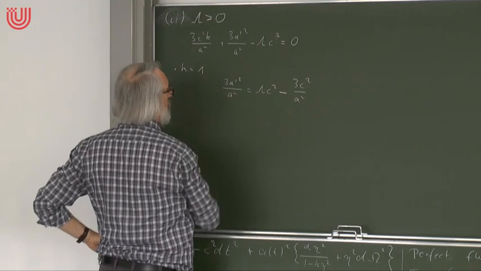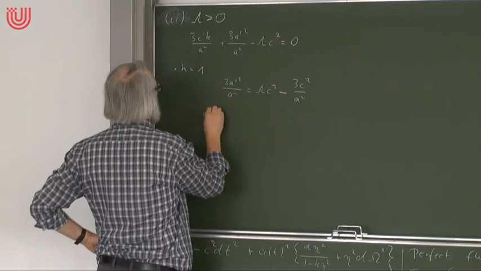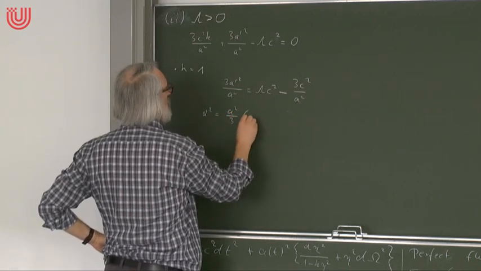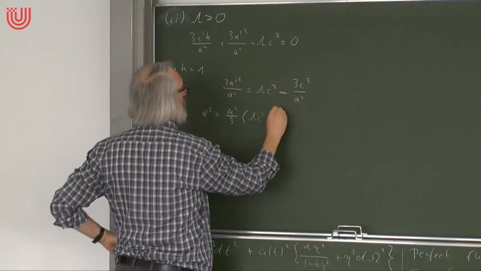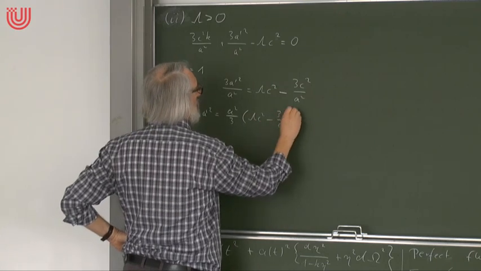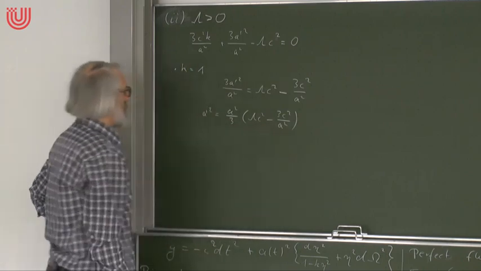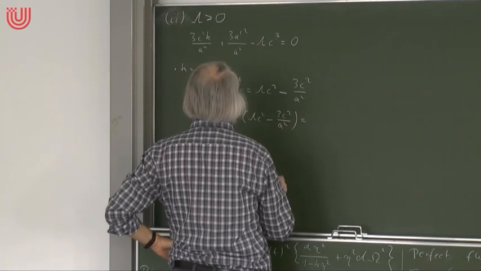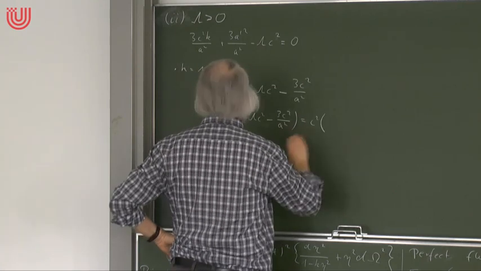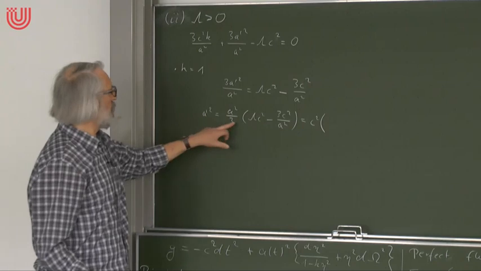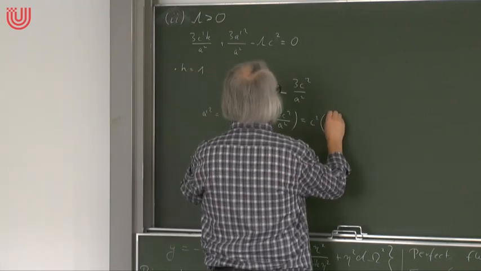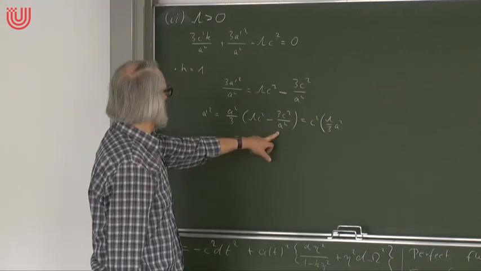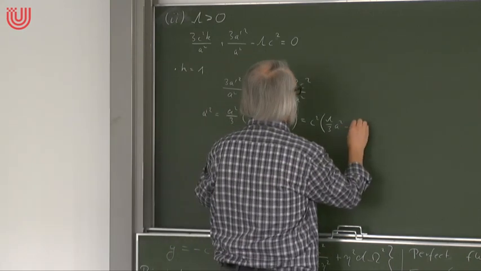A good idea is to solve for a prime. So a prime squared is a squared over 3 lambda c squared minus 3c squared a squared. Maybe I pull the c squared out of everything, and then I have lambda third times a squared minus 1.